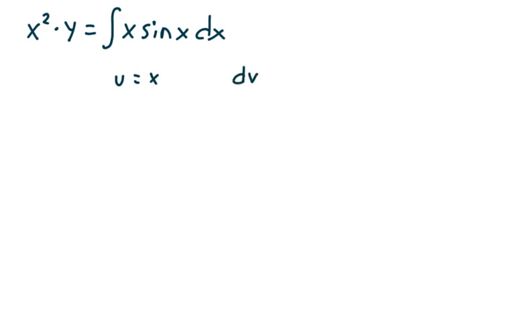So this says x squared times y is the integral of x sine of x dx. And this is just a classic integration by parts problem. And so what I'm going to do is let u equal x, and dv is sine of x dx, like so.